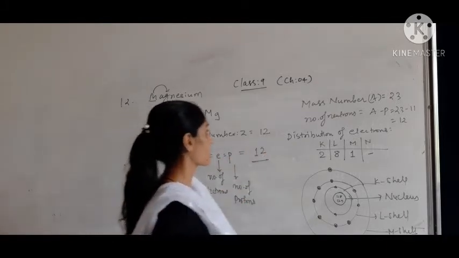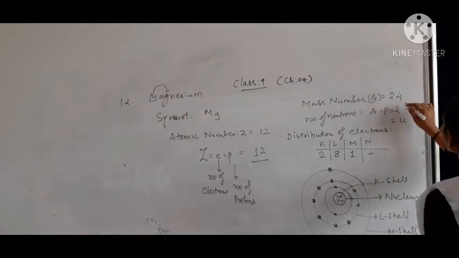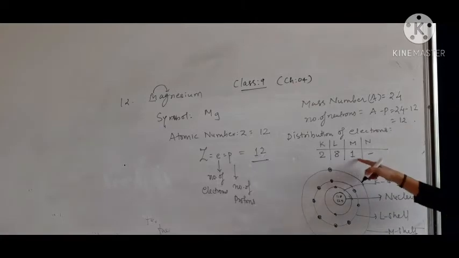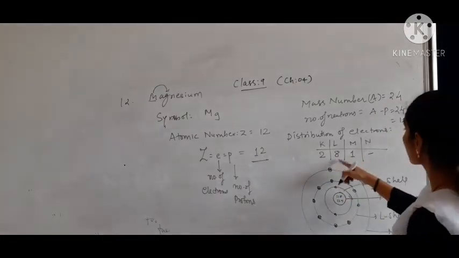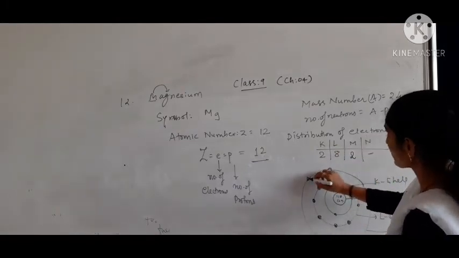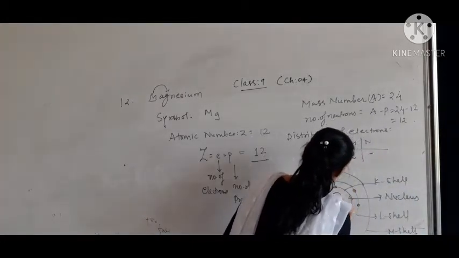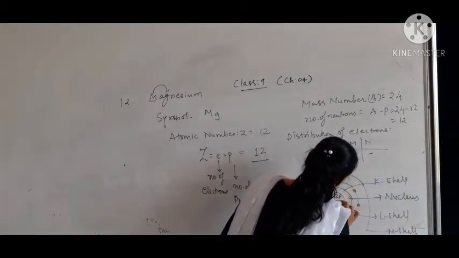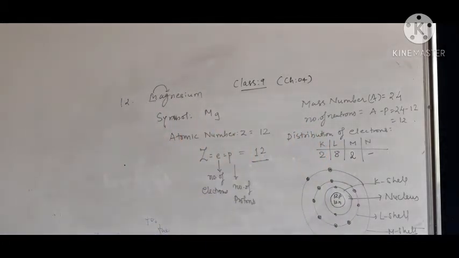The mass number for magnesium is 24. 24 minus 12, so the neutrons are 12. Here we have to accommodate 12 electrons, so 2 plus 8, 10, 10 plus 2. So here is the electronic configuration, where you have 12 protons and 12 neutrons. You can just copy it down for magnesium.